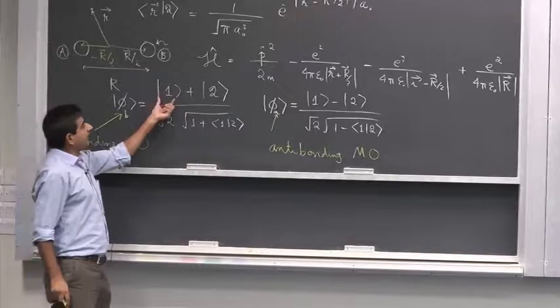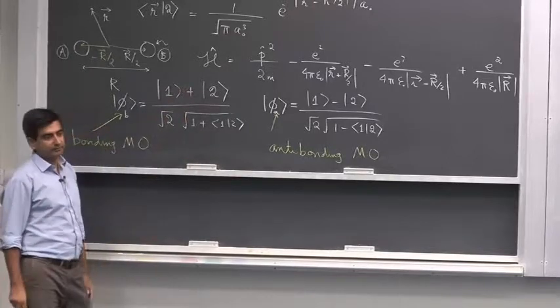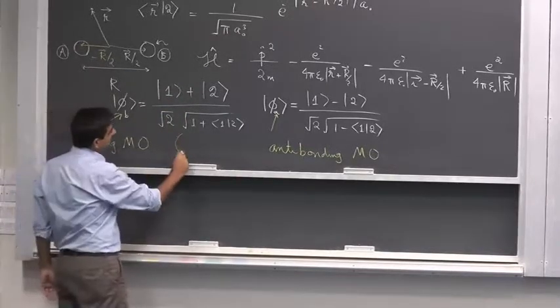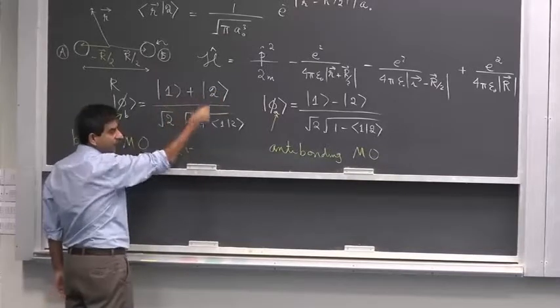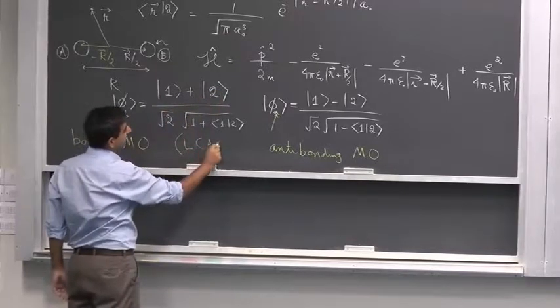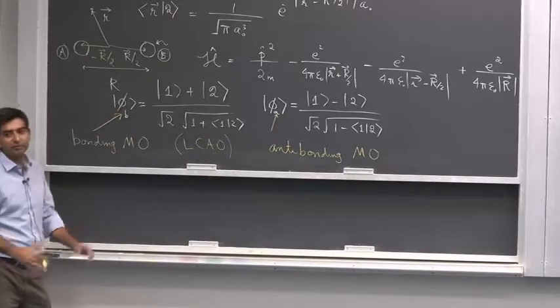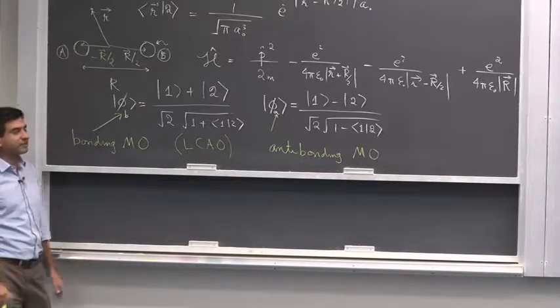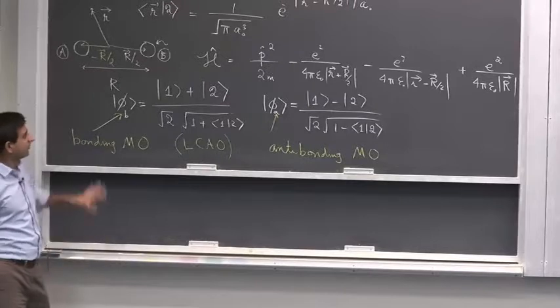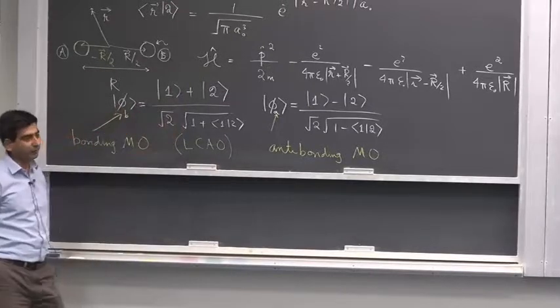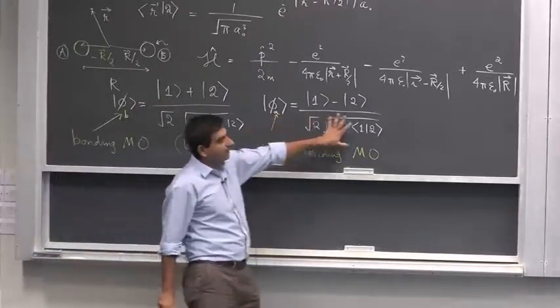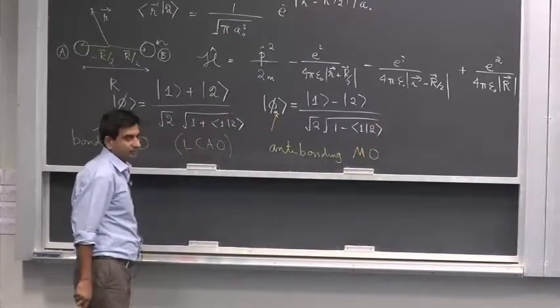This is a linear combination of atomic orbitals. In the parlance of chemistry, this kind of orbital is called an LCAO, a linear combination of atomic orbitals. It's a molecular orbital, which you must have studied in basic chemistry. So this is a bonding molecular orbital and this is an anti-bonding molecular orbital.